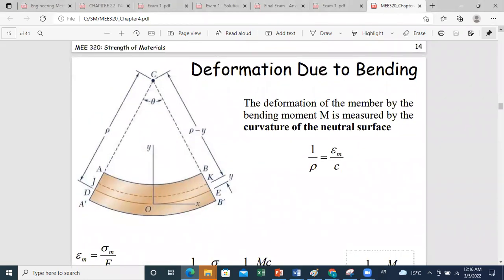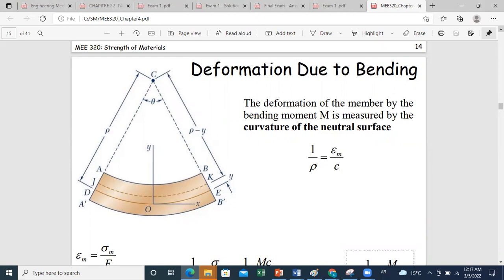Now, let us consider the expression of deformation due to bending. We already developed together the geometry of bend. We said that only the neutral axis will not undergo a change in length, and we can calculate the radius of curvature of the neutral axis. We name it rho, and we want to compute its value.